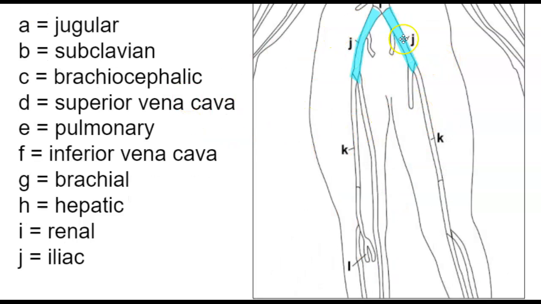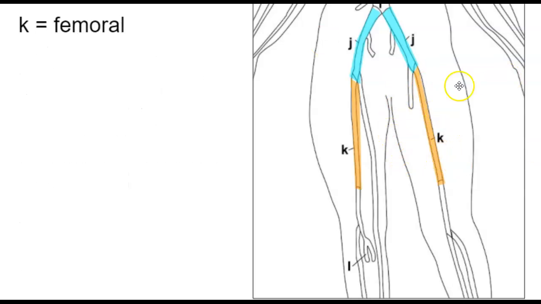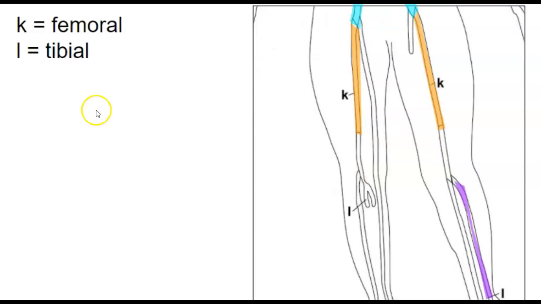J is iliac, same as before, the hip, iliac. K is femoral vein, we know that, femoral, like our femur. And then L is tibial. So those are the arteries and veins. We will have a quiz on them in a week and a half or so, and you will need to be able to identify the different arteries and veins given a word bank.